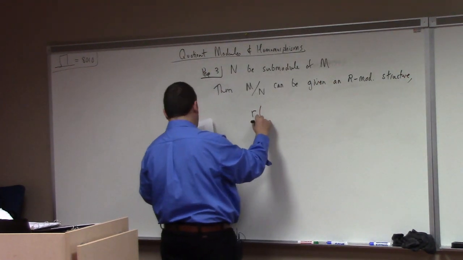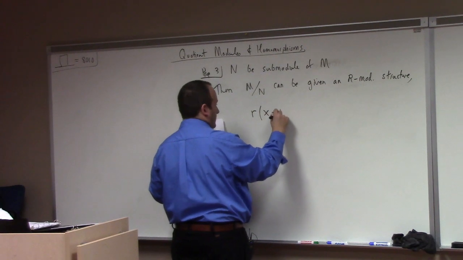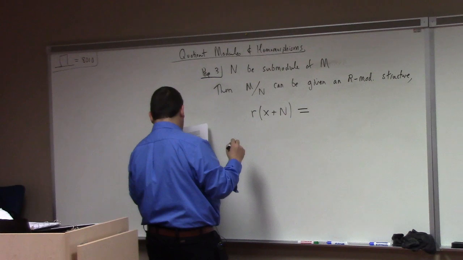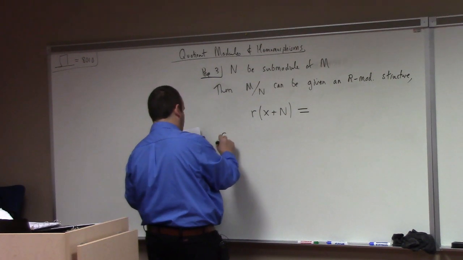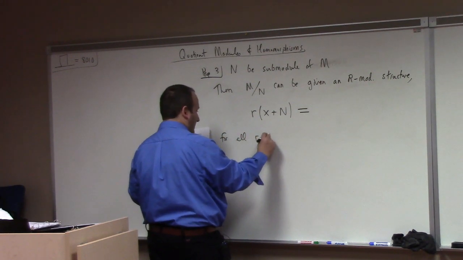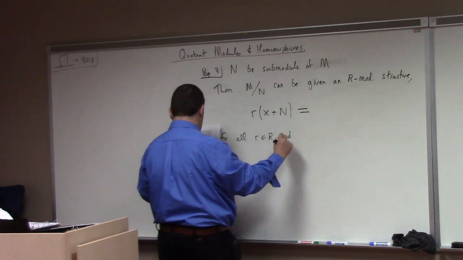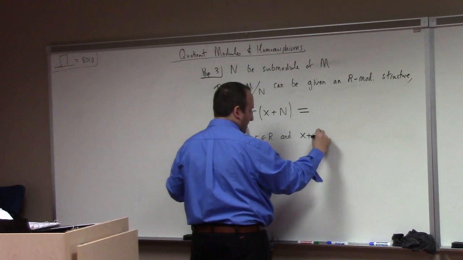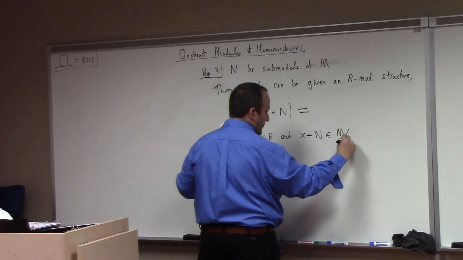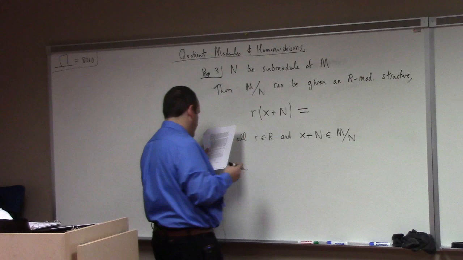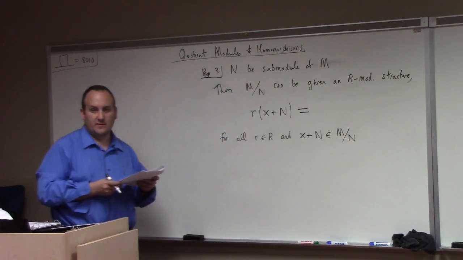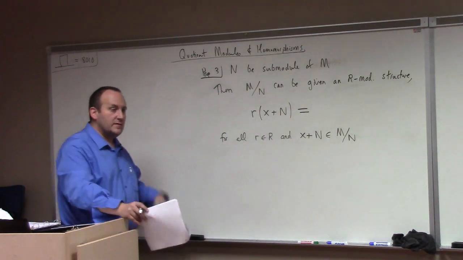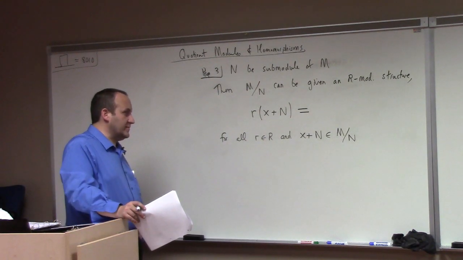R times (x plus N) equals something, for all r in the ring and x plus N in the factor group. Here we're using the abelian group to form this additive coset. This is with respect to the abelian group structure that's always there for us with an R module.